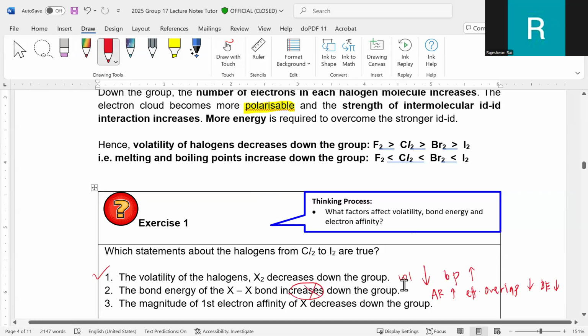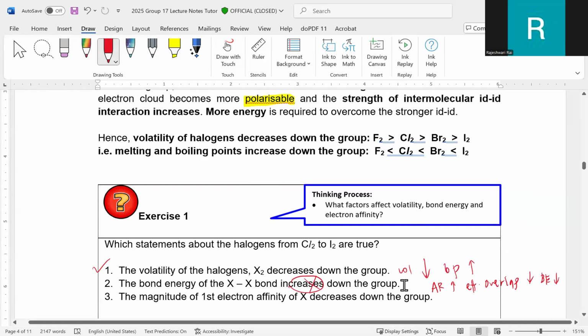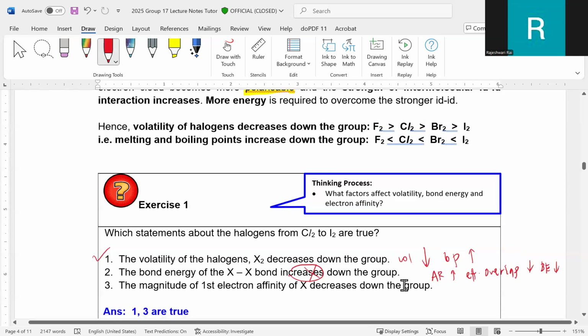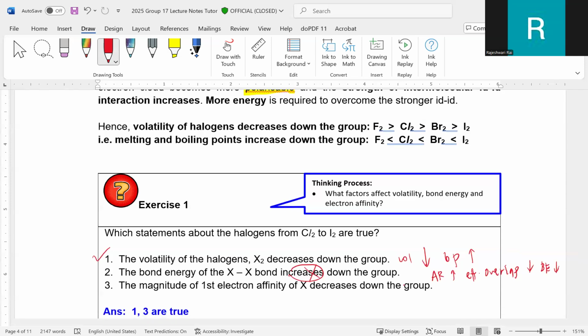The magnitude of electron affinity of X decreases down the group. So if we look at the EA, perhaps we want to define EA first in terms of an equation. We're looking at how readily the atom picks up an electron.